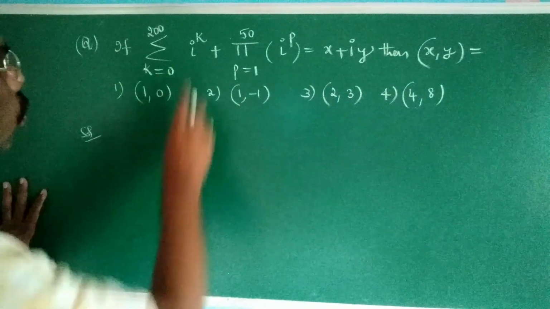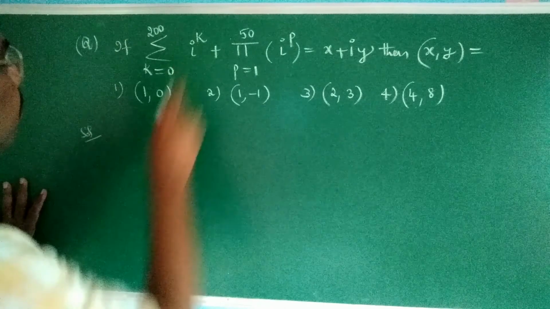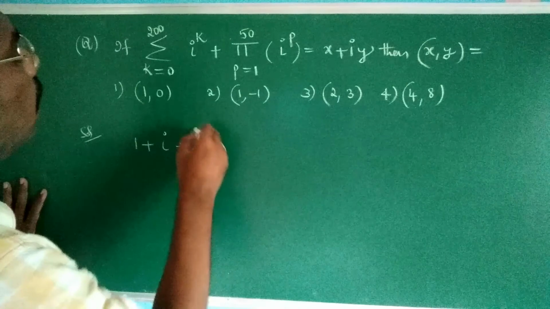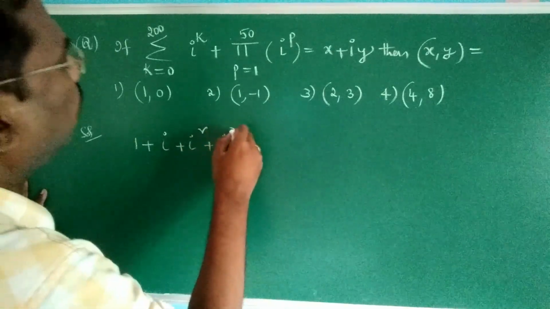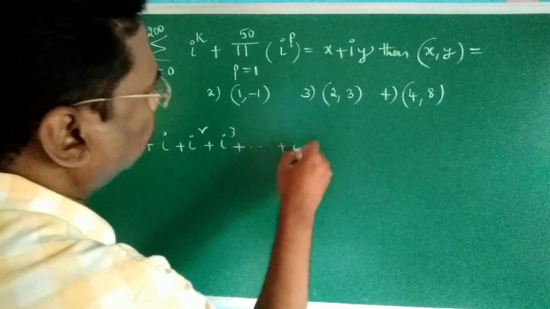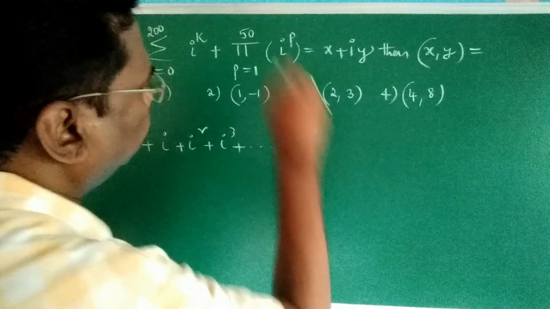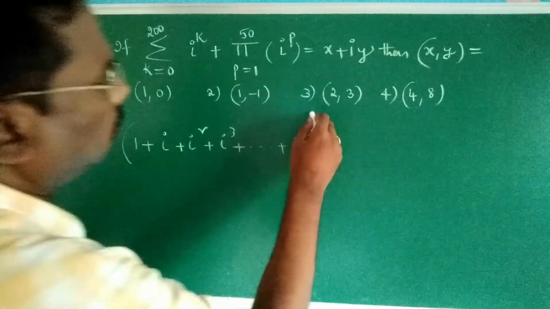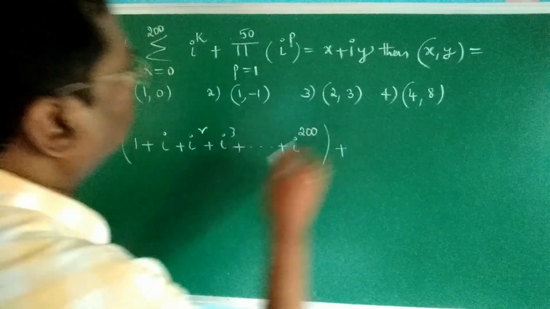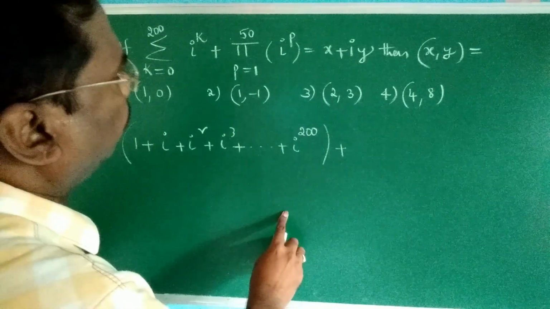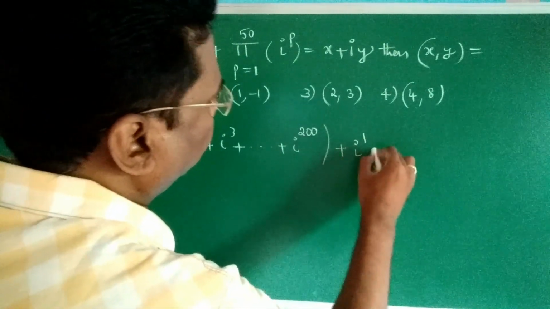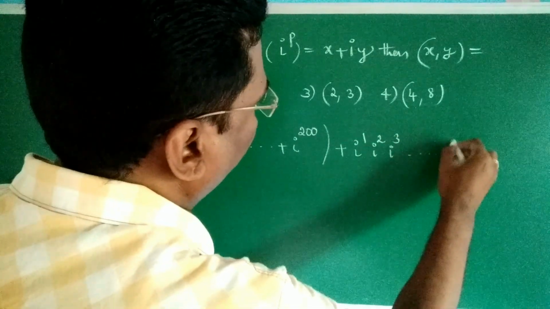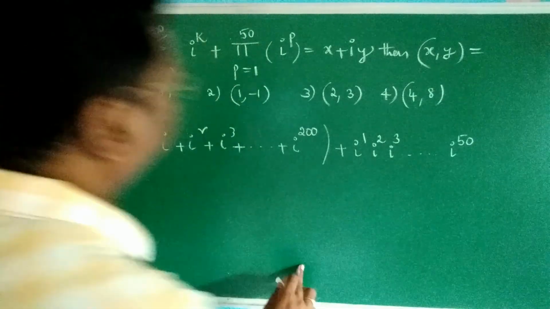For k from 0 to 200, we get i power 0, that is 1, plus i plus i square plus i cube and so on up to i power 200, plus, for p from 1 to 50, i power 1, i square, i cube, up to i power 50.